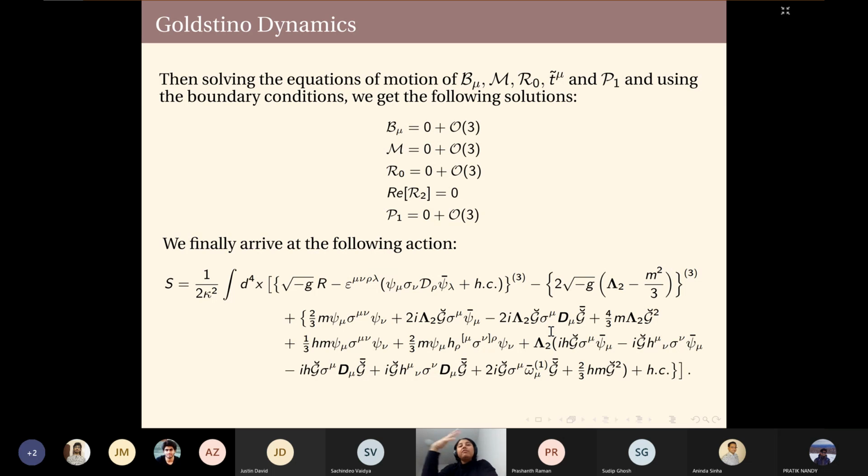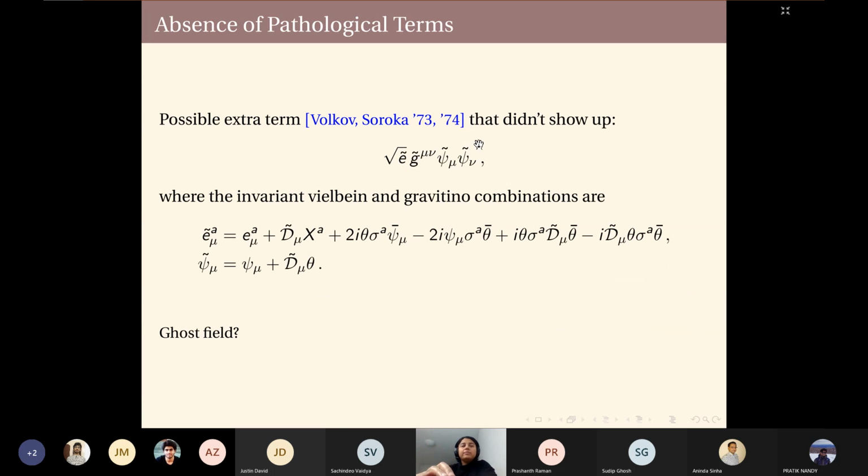But if there were any higher derivative terms, even higher derivatives of the Goldstino, we believe those are ghost fields. There are some terms which can in principle exist in the Lagrangian because they obey all the invariance rules and they keep the action minimal, meaning they don't bring in any new fields. But these terms did not appear in any of the three actions.